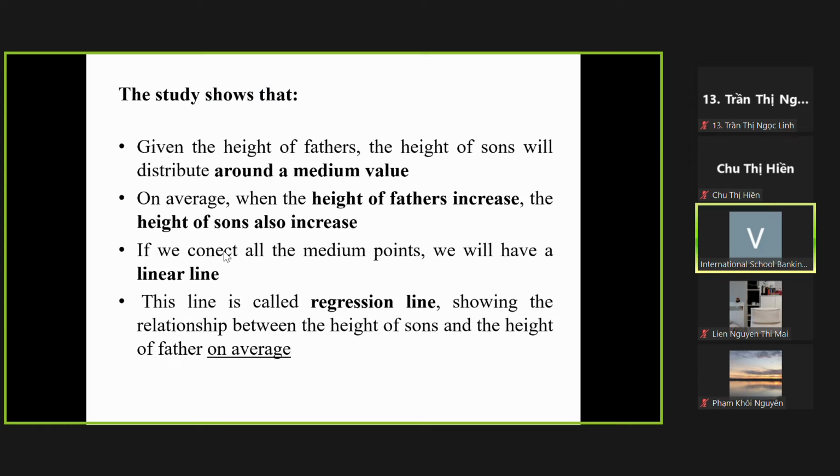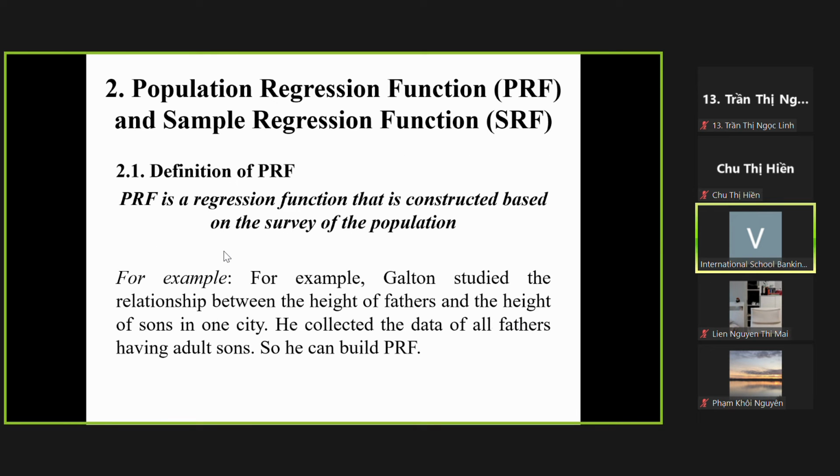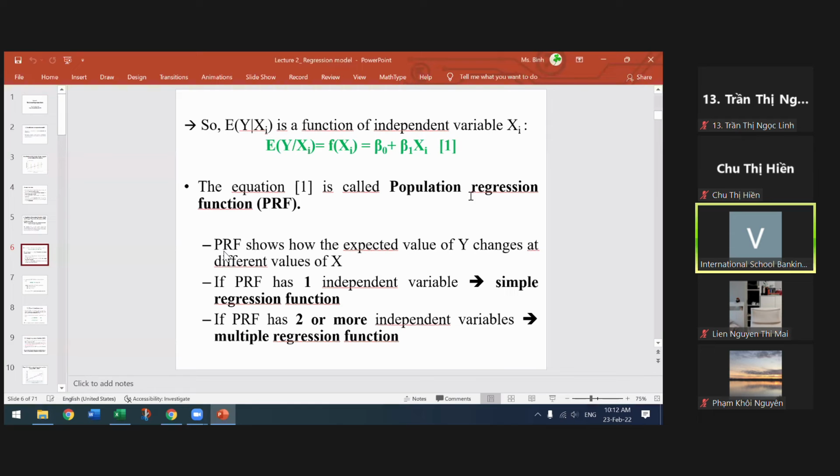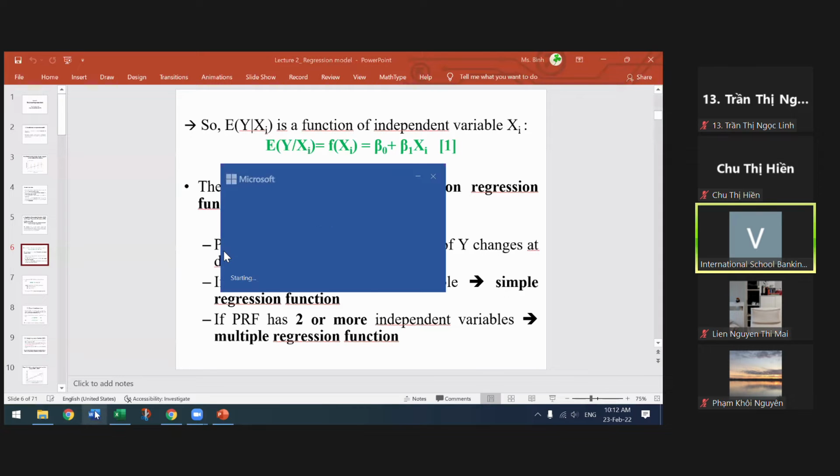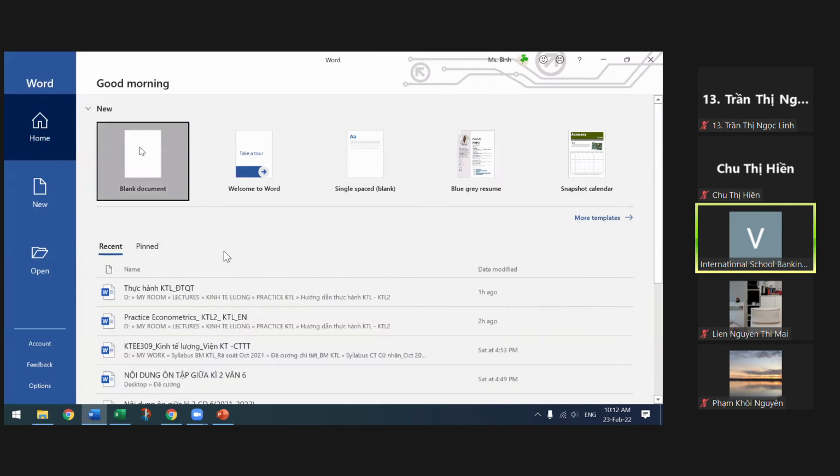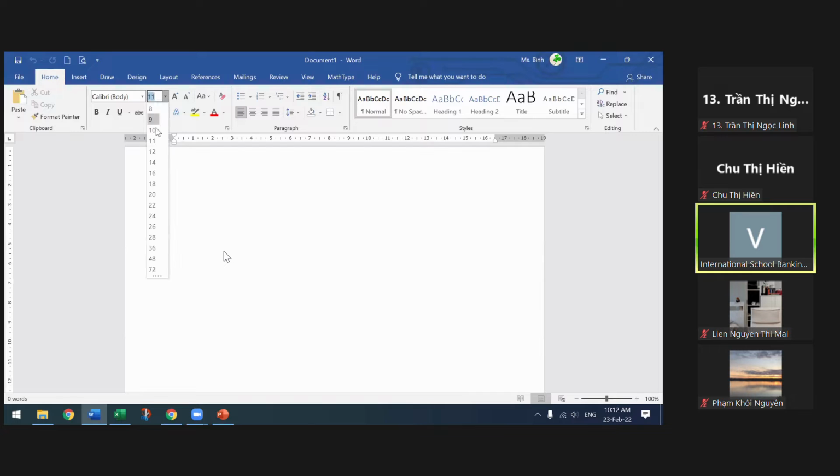So now we move to learn how to set up a population regression function and a sample regression function. Okay. Like in high school, when you study functions, mathematics functions, right?